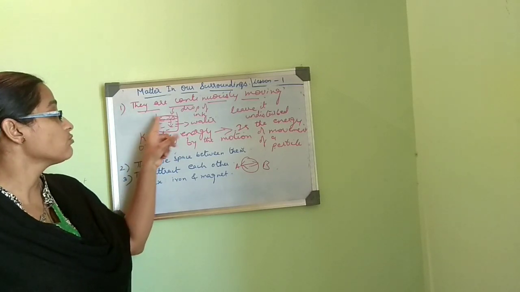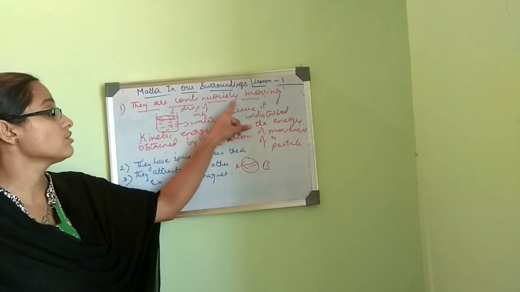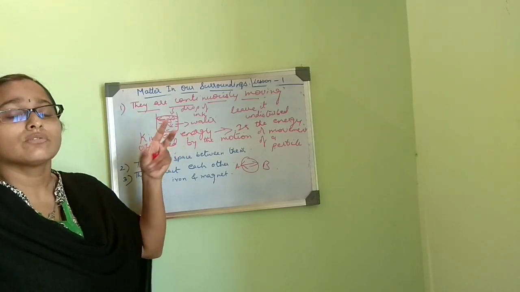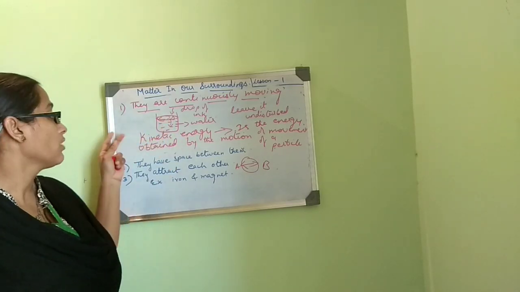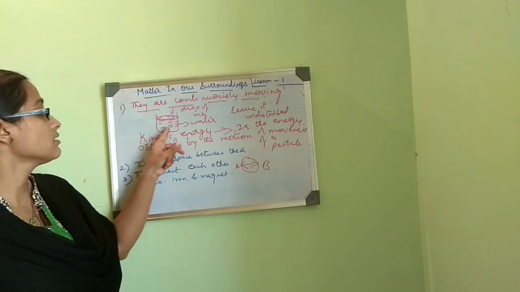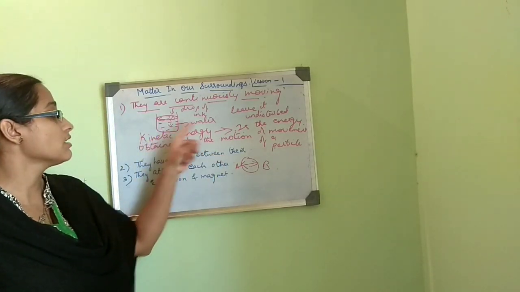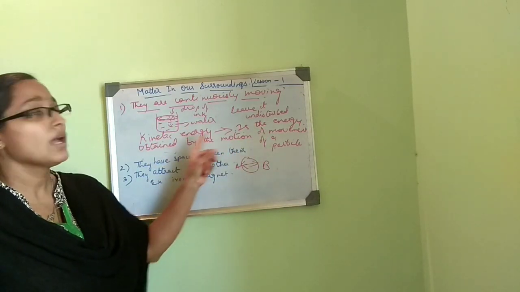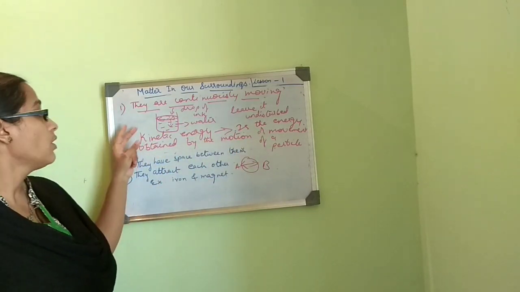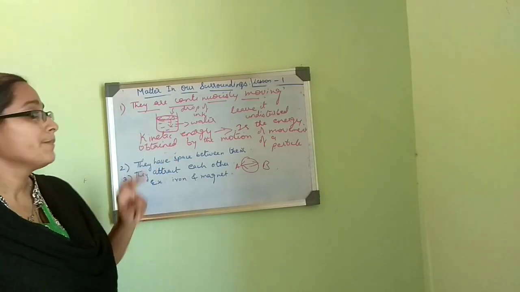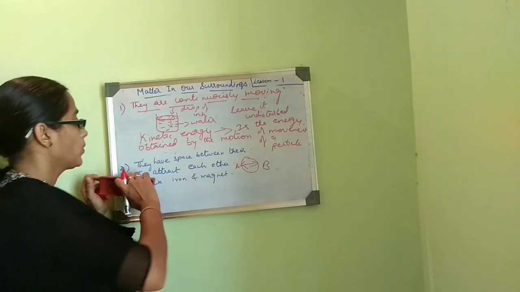So the particles inside the water have started moving, and this is because of the kinetic energy they possessed by the movement of the particles once the drop of ink is put into it.